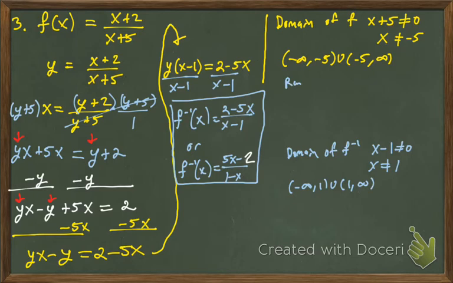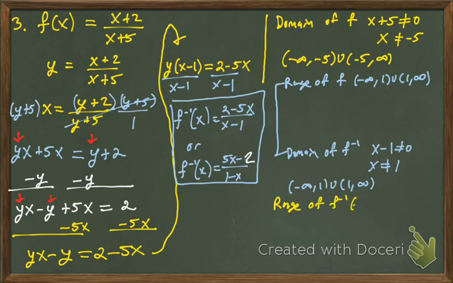Now the domain of f inverse is the same as the range of f, which will be negative infinity to 1, union 1 to infinity. And then the range of f inverse is going to be the domain of f. Okay, so we've got domain and range of both f and f inverse. We've got the original f of x and also the inverse function there.